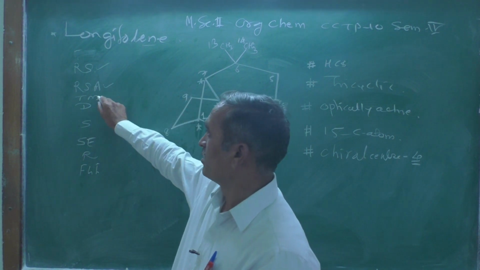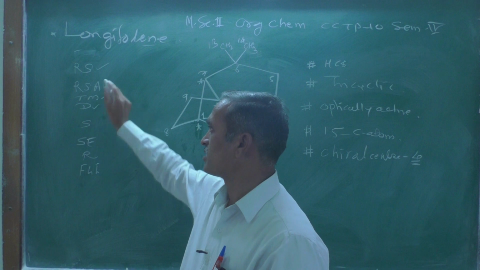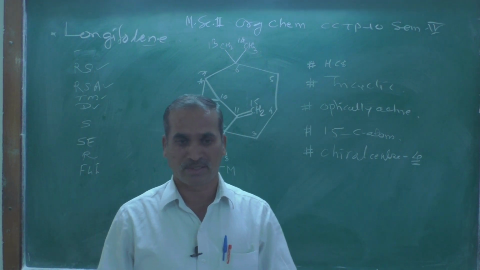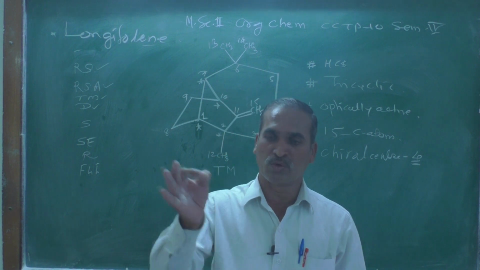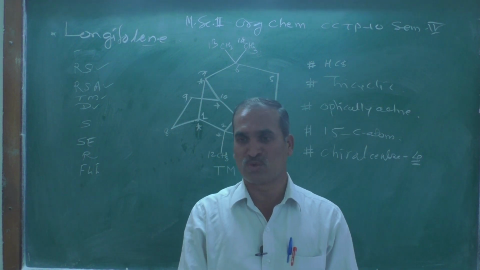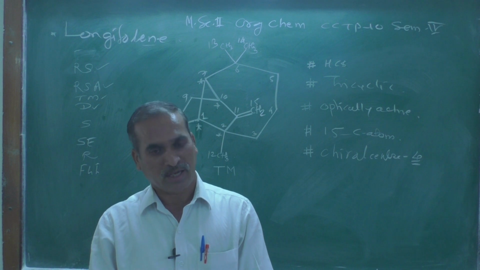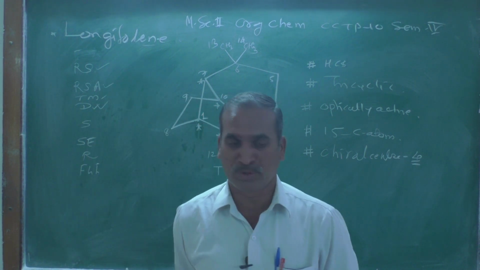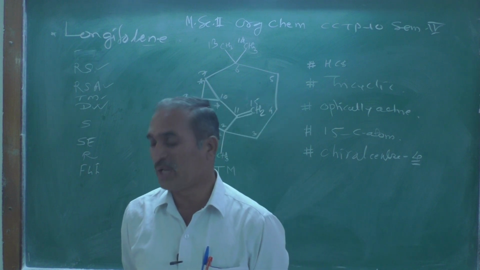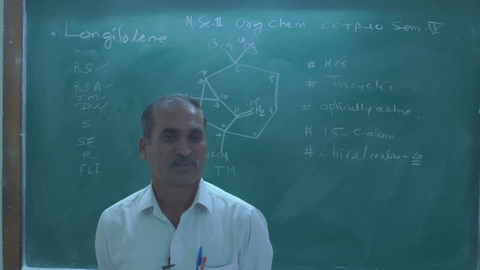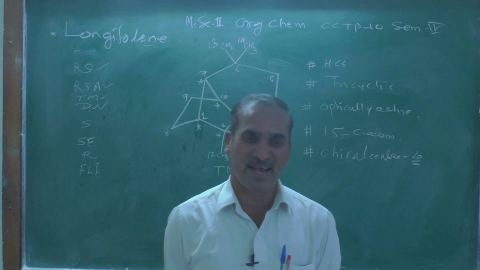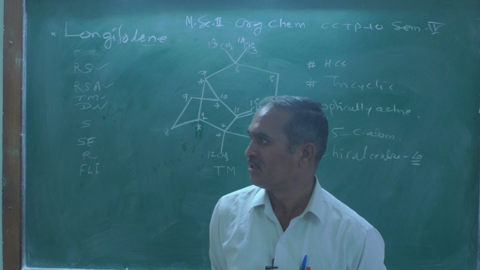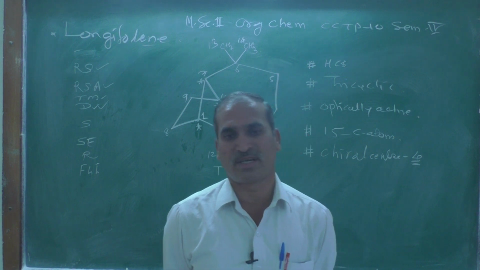Let's see disconnection. Before that is the target molecule, and I have already given that definition: the molecule whose synthesis is being planned is known as a target molecule. And then disconnection is also one of the prominent steps involved in retrosynthetic analysis. How do we define disconnection?